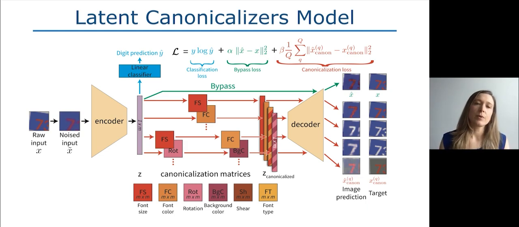So if, for example, we take the input image and apply no factors of variation, as is done in the bypass channel, we'd like to be able to reconstruct the original image.